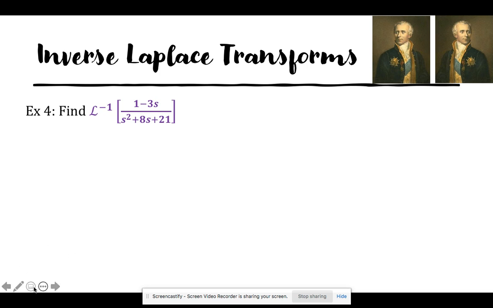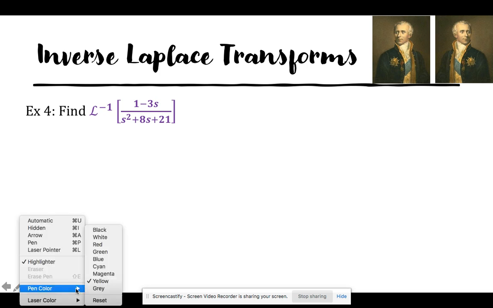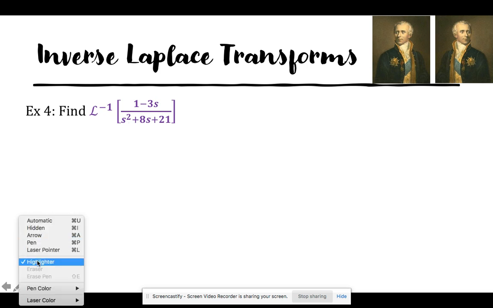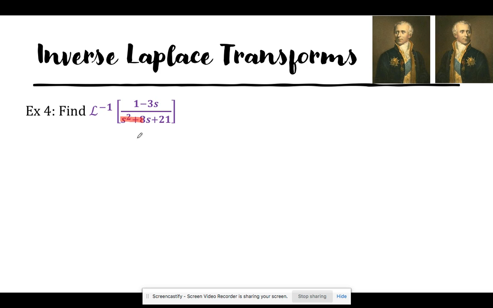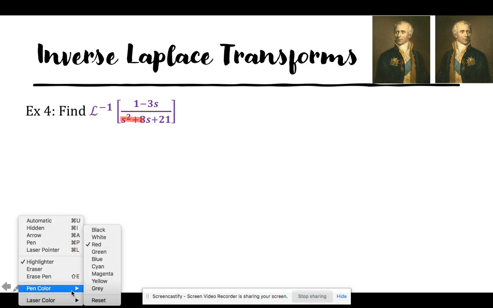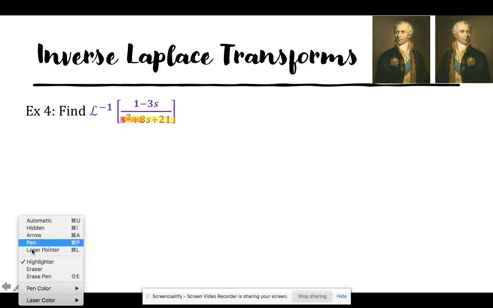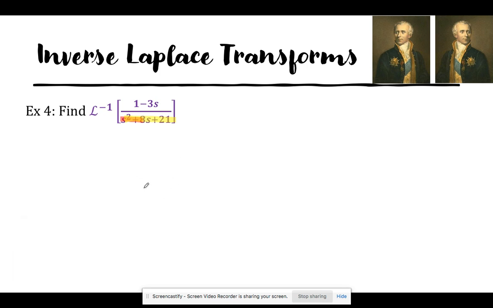All right, check this one out. Look at your denominator. It's an expanded quadratic, right? Can you factor it?